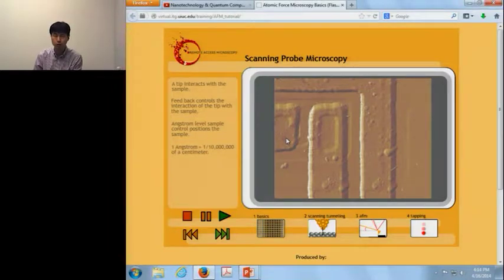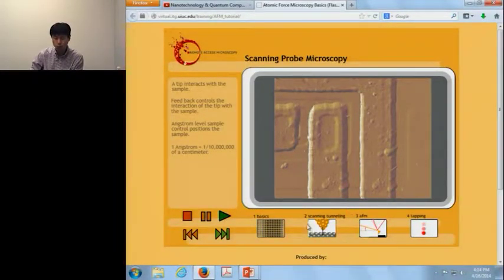If we want to analyze the topography information, we can selectively choose one dimension, draw a line, and then we can see the topography information of that specific area.